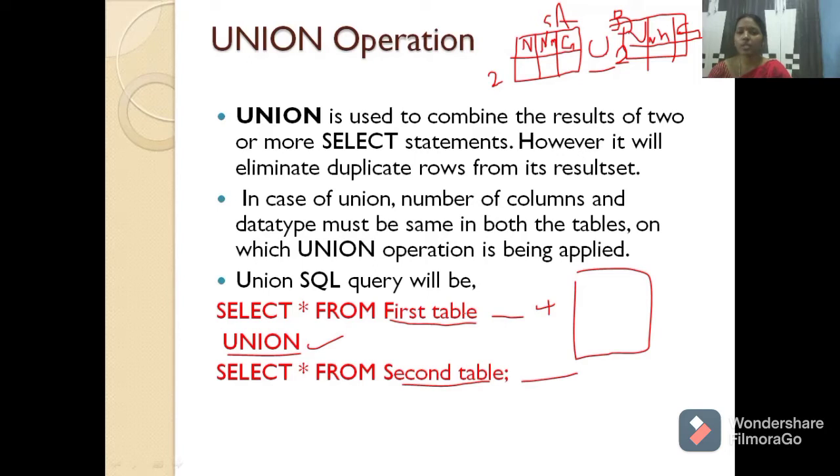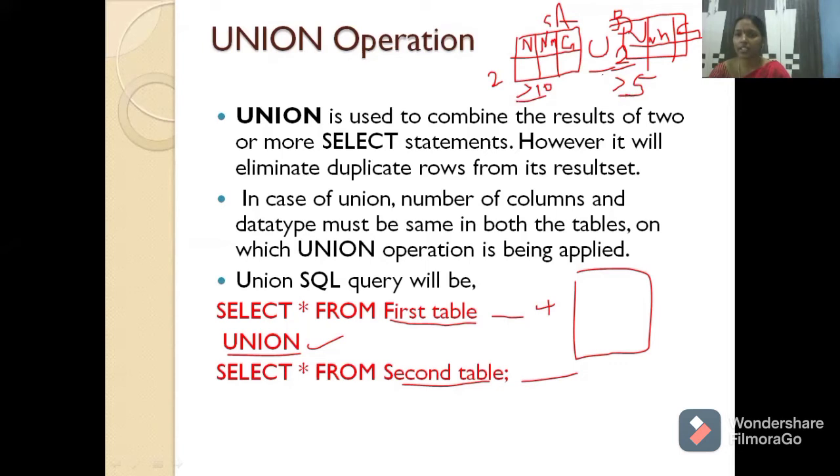Clear? So that means, here 2 rows are there, here 2 rows are there, and you are getting 4 rows. But out of these rows, I want to apply some conditions, such as I want to display only those whose marks are more than 10. Maybe 2 rows satisfy this condition or 1 row may satisfy it. In this table, I want to display the results of the students whose marks are more than 5. These 2 rows may satisfy the condition or may not, or 1 row satisfies the condition.